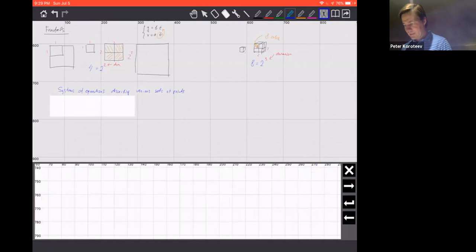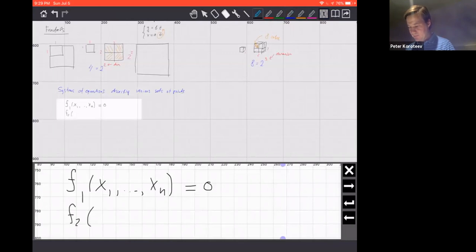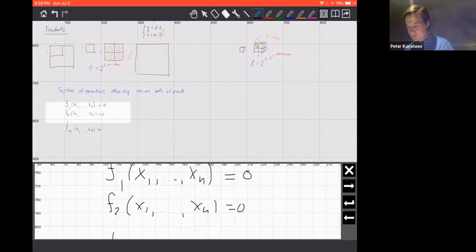So an example would be, you have some function that depends on some number of variables, say x1 through xn. And in fact, there can be many functions. There can be f1 of x1 through xn equal to 0, then f2 of x1 through xn equal to 0, and so on, say fm of x1 through xn equal to 0.